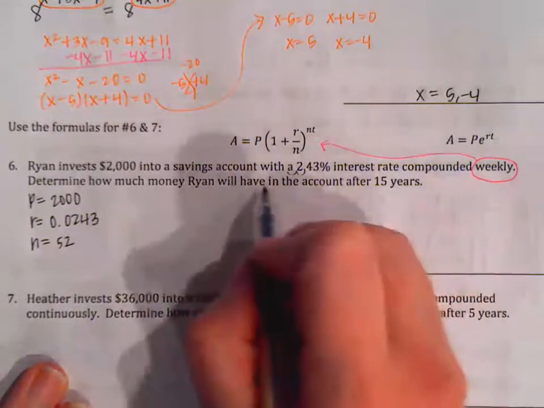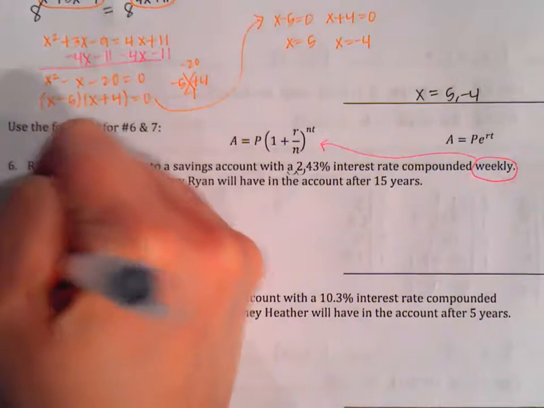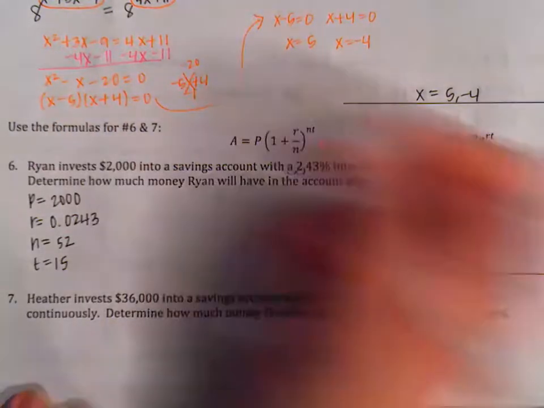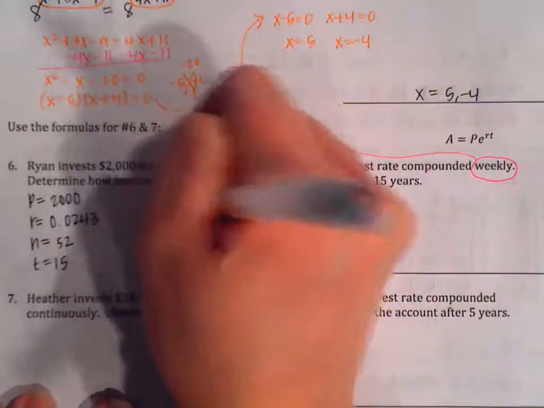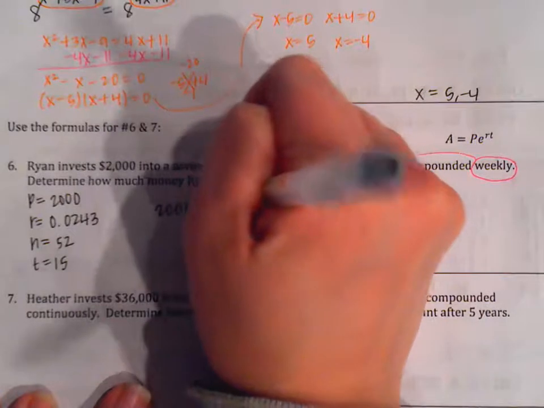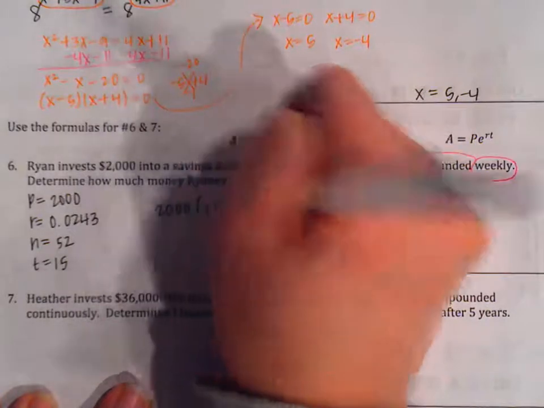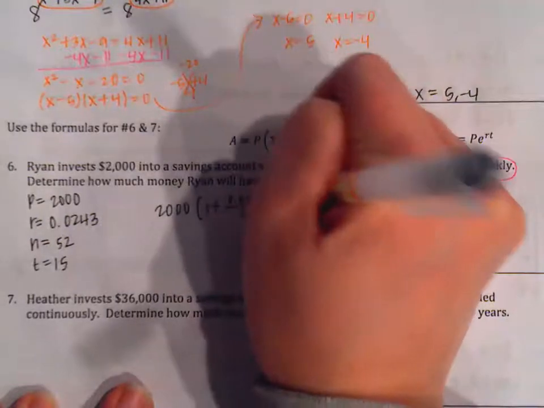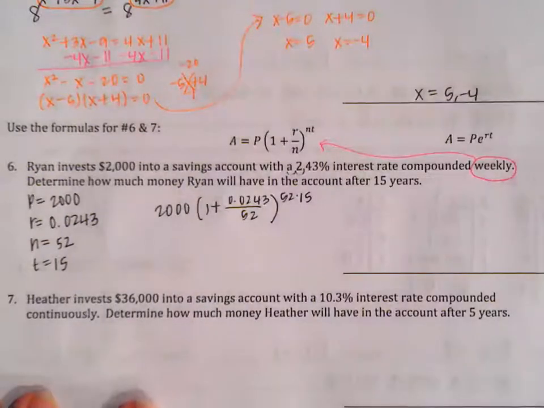And then my time, how much will he have in 15 years? So time is 15. So I'm going to plug that into my formula. So it's going to be 2,000 times (1 plus 0.0243 divided by 52) raised to the 52 times 15.